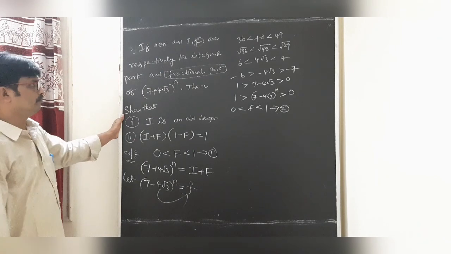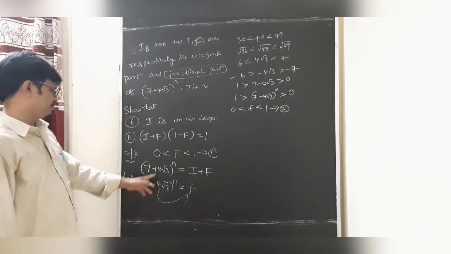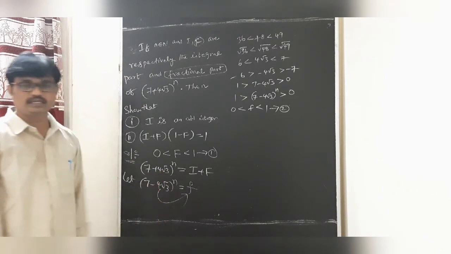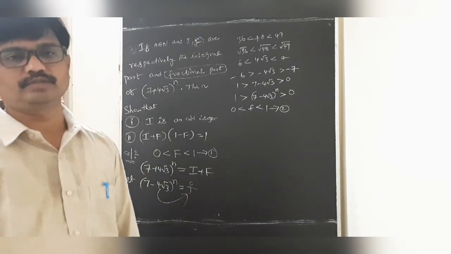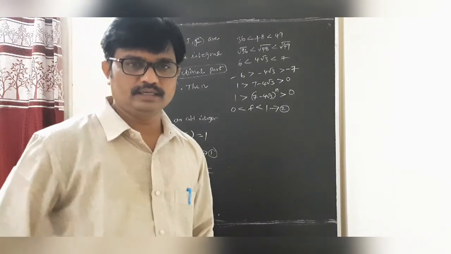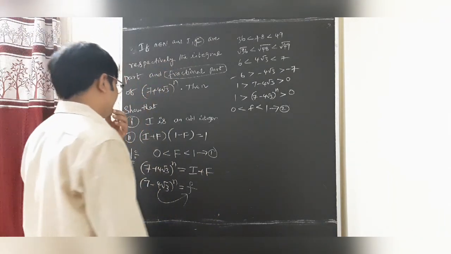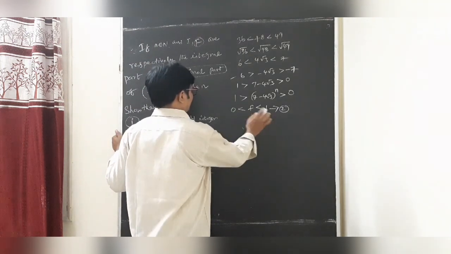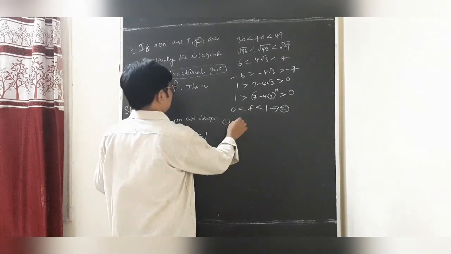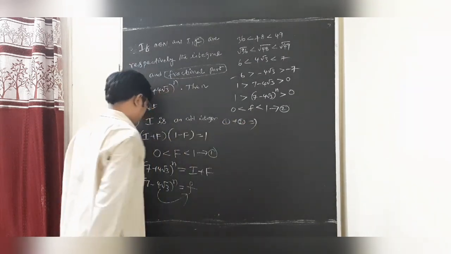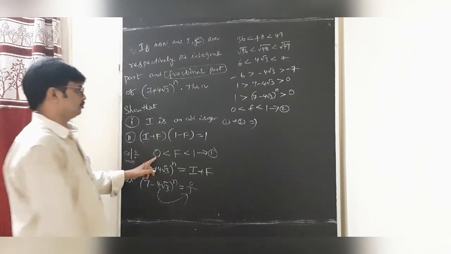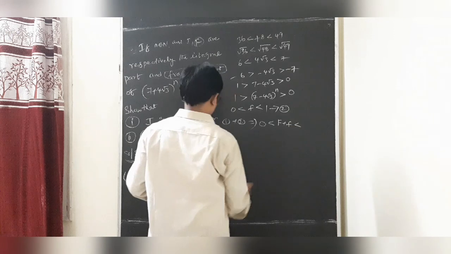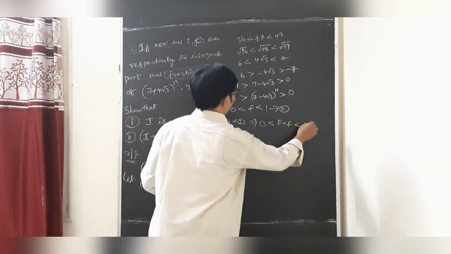My dear students, when we take the plus sign between the terms, undoubtedly the nC0 terms remain and then the nC1 terms are cancelled. So students, first we add these two: 0 < f + f < 1 + 1, that is, 0 < f + f < 2.